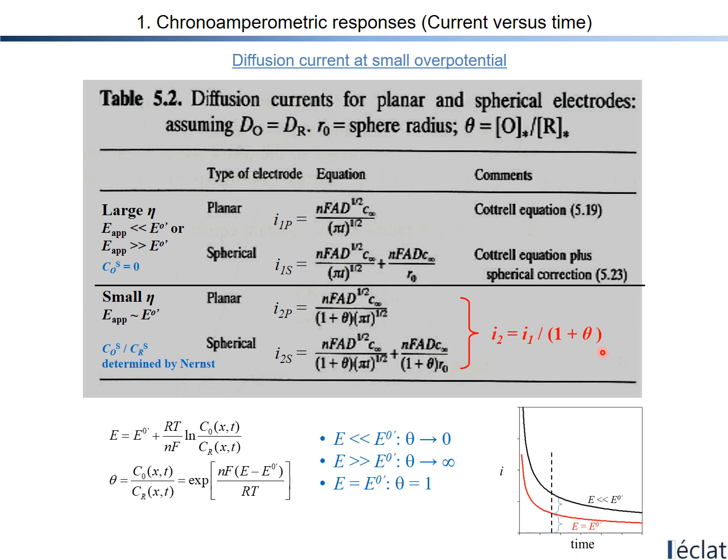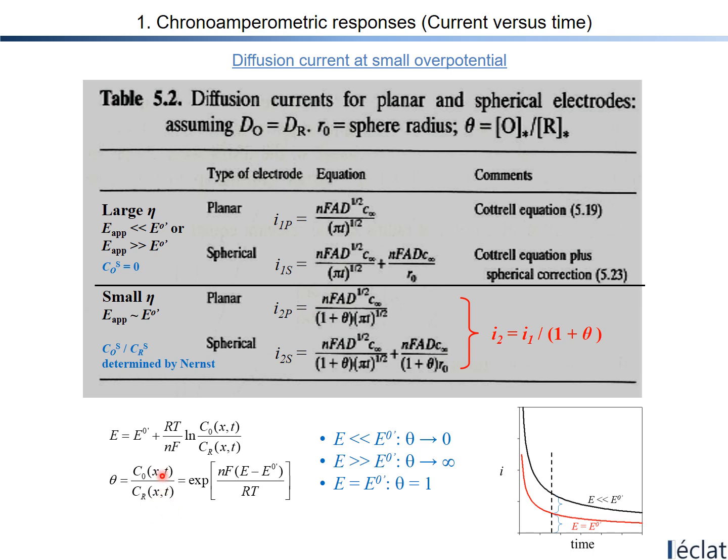Let me think about the value of zeta. If you apply a very negative potential into your system when compared with the formal potential, then what does it mean? It means oxidized species is more converted to reduced species.